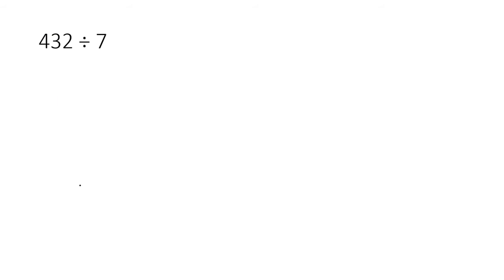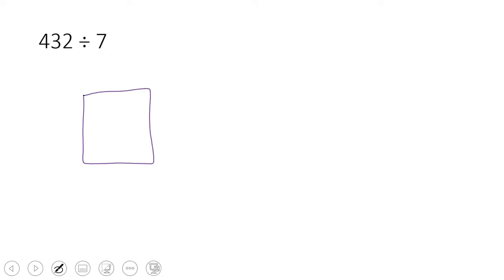So we have the equation 432 divided by 7. What we do with area model is we are first going to draw a box. Okay, and the divisor 7 goes on the outside, and the dividend 432 goes on the inside.